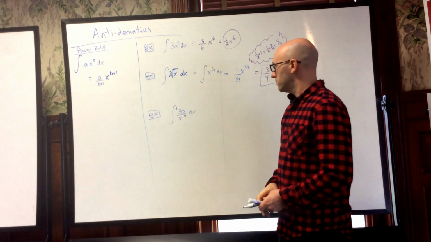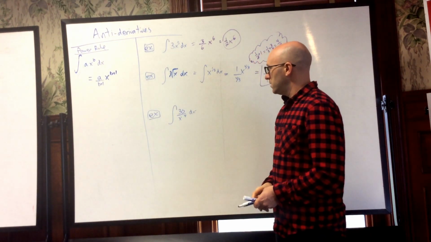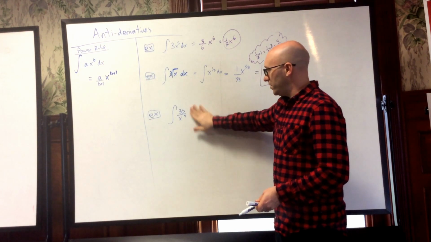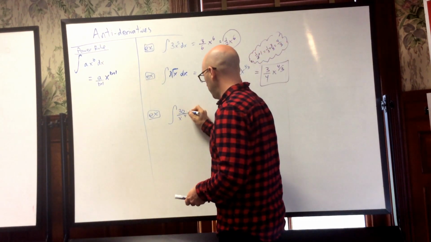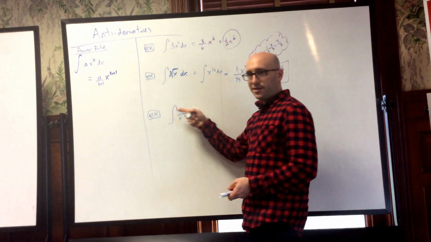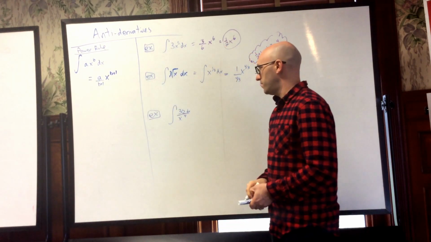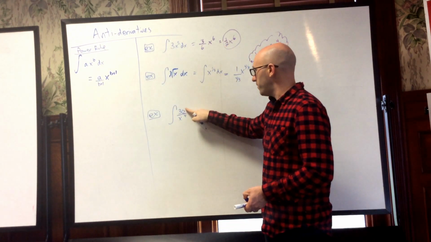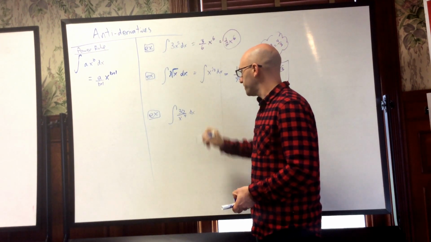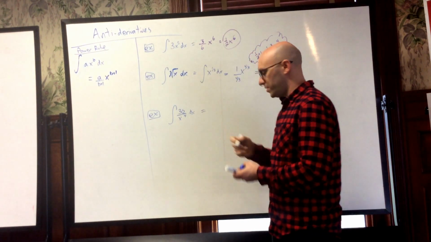It's actually the 4th now. I could also warn you at this point, sometimes in different looking problems, they might even throw the dx into the numerator. 30 dx over x to the 4th, but I'm not going to do that right now because I don't like the way that looks. Personal preference.